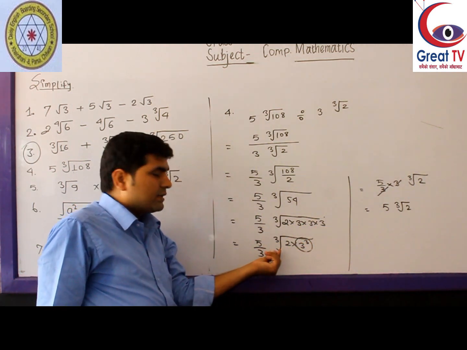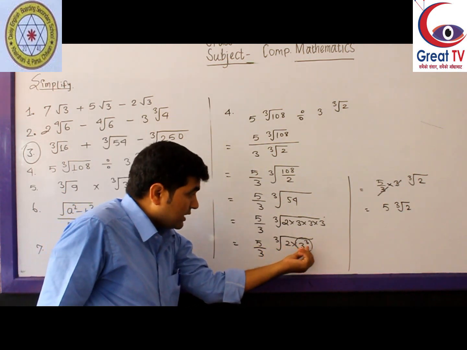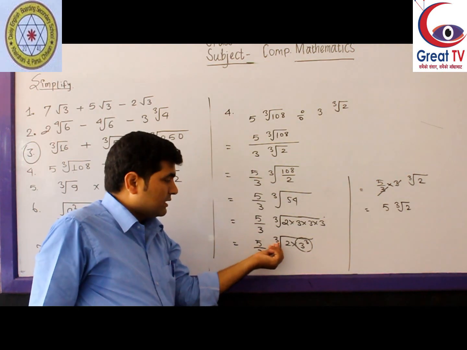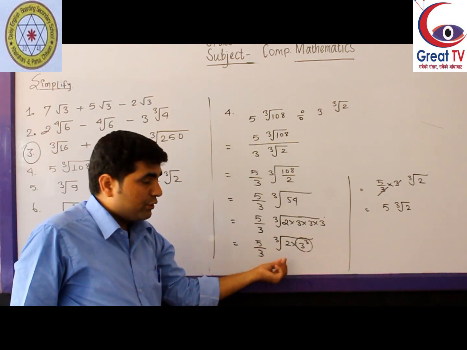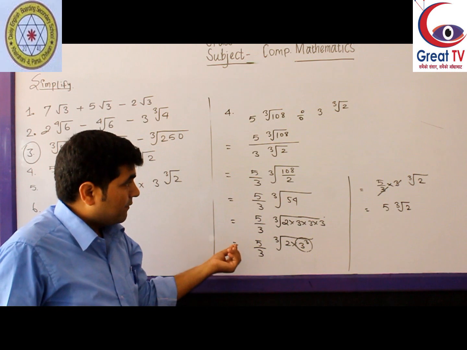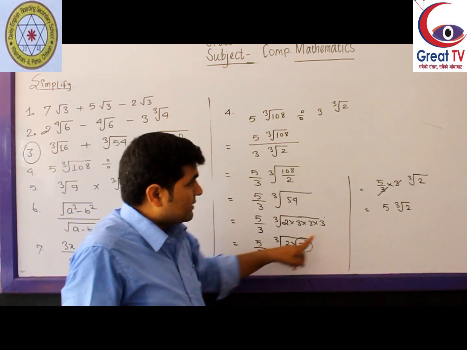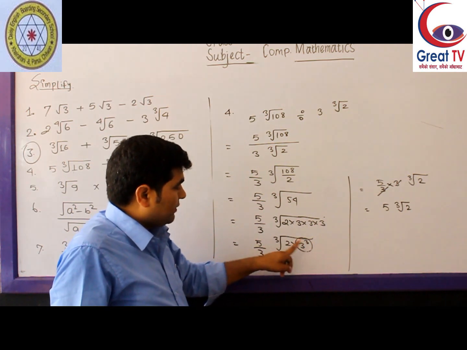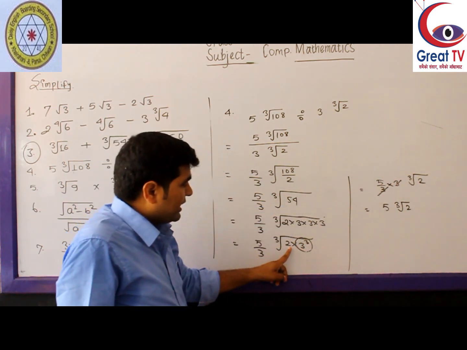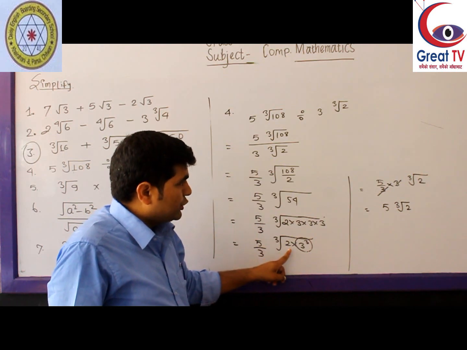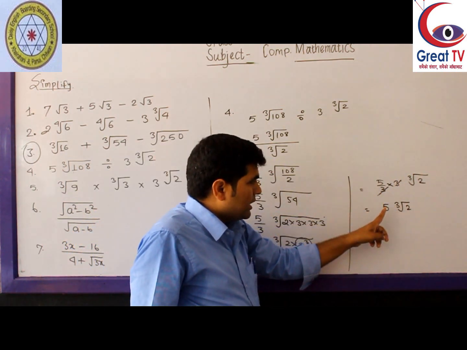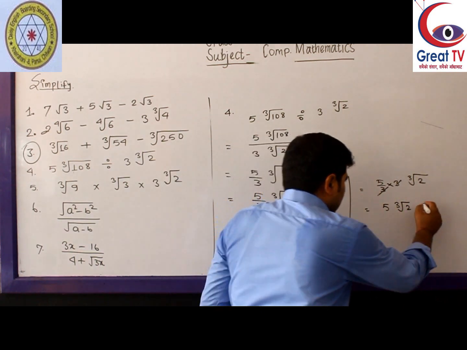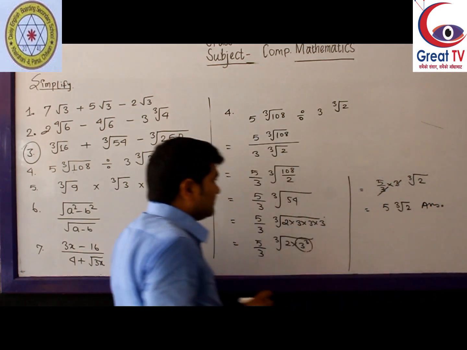Now 3 gets out of the radicand because the power is 3 and the order is also 3, so they are equal, and we can take it out. Now inside the radicand only 2 remains. Just 5 divided by 3, this 3 with the 3 outside cancels, the radicand remains cube root under 2, so 3 cancels. Now remaining 5 cube root 2, this one is the answer.